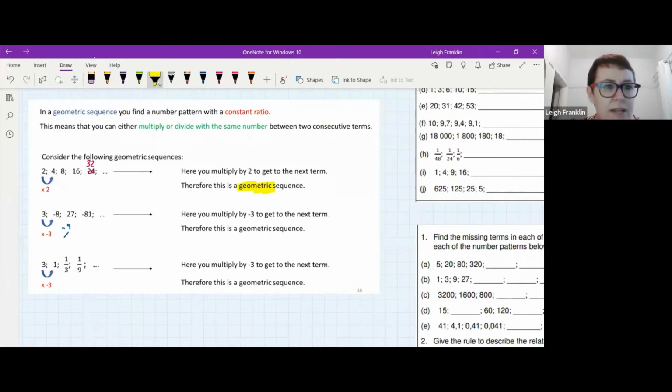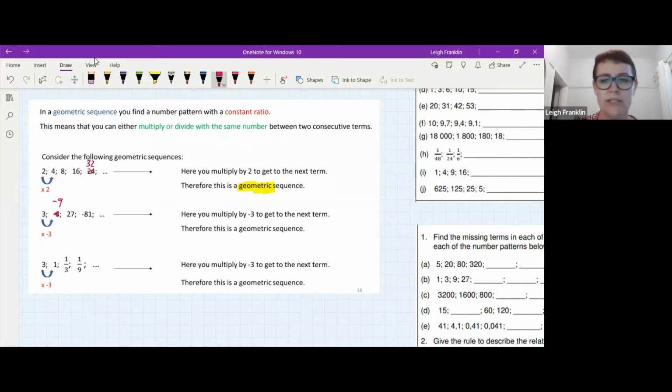All right, and then here I corrected my error, but I've moved it, so I'm just going to rub that out. Right, this was supposed to be -9. So in the next pattern, we've got 3, -9, 27, -81.